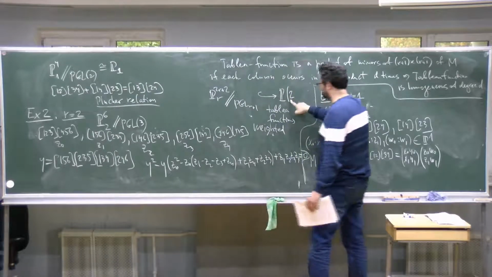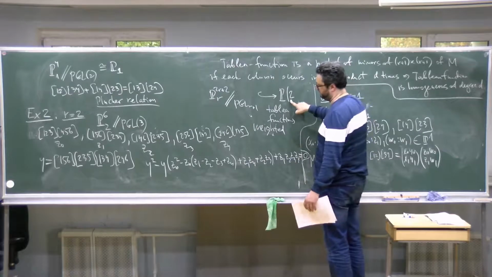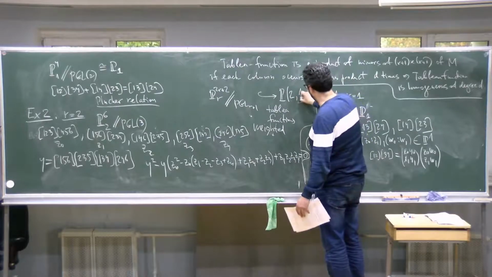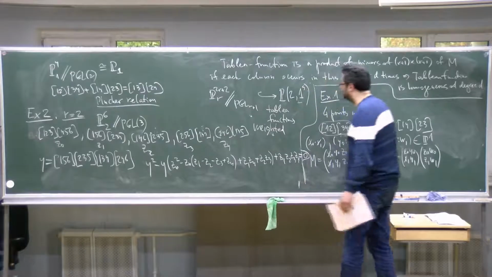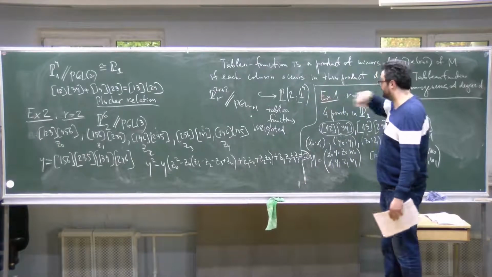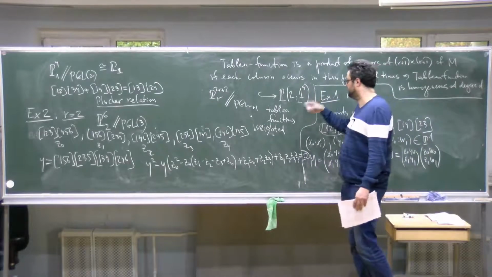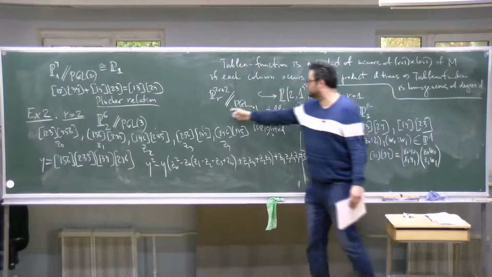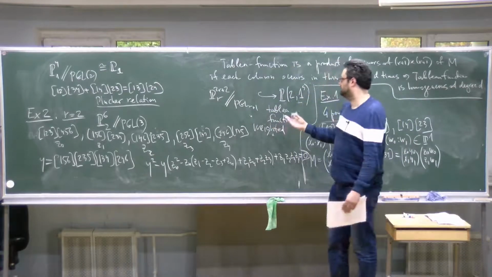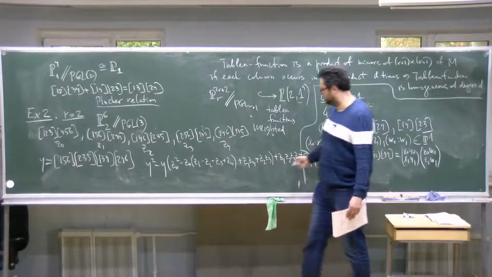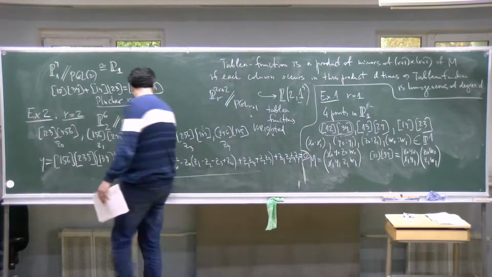So we have the following embedding in the following weighted projective space. We have one variable of degree 2 and 5 variables of degree 1, and this variety is given by this relation.